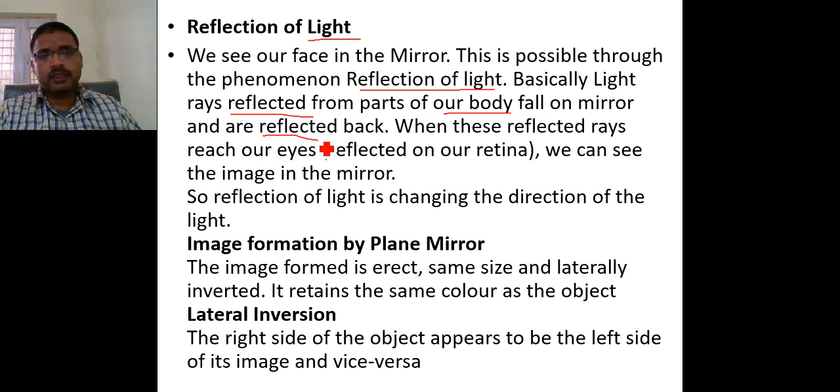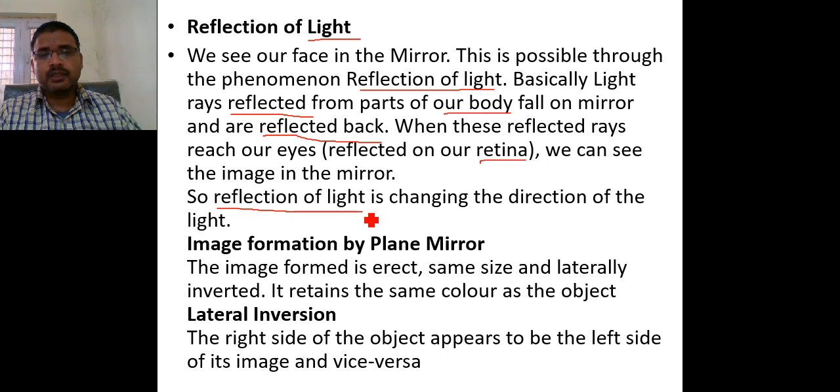When these reflected rays reach our eyes, on the retina, the part of the eye known as the retina, the image is made and we can see the image in the mirror. So reflection of light is changing the direction. What do you mean by that? It means the reflection of light is changing the direction of light.